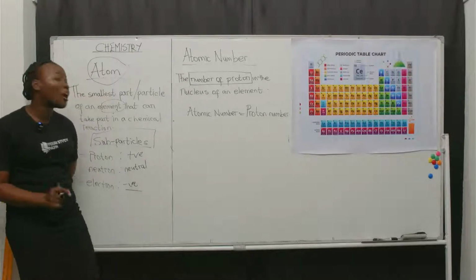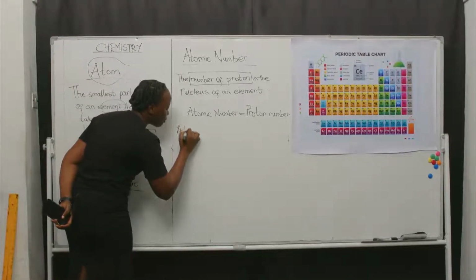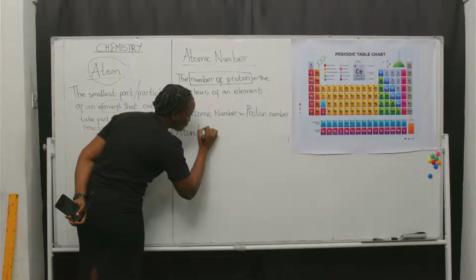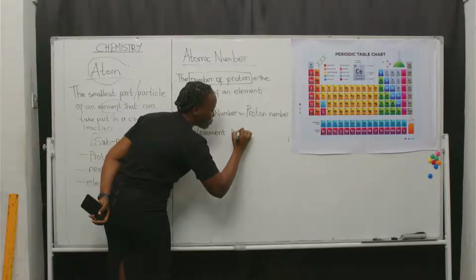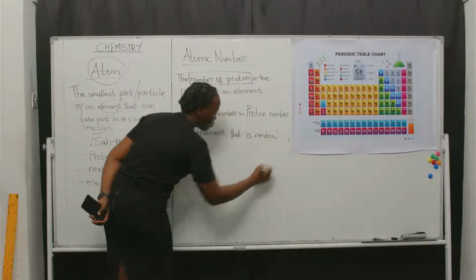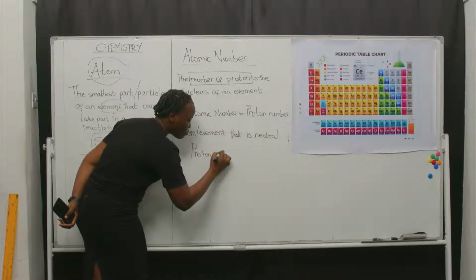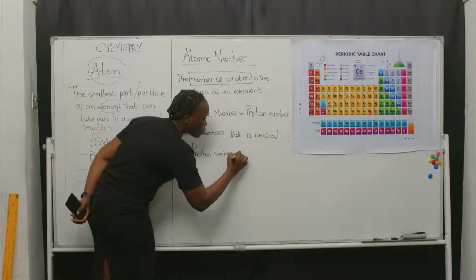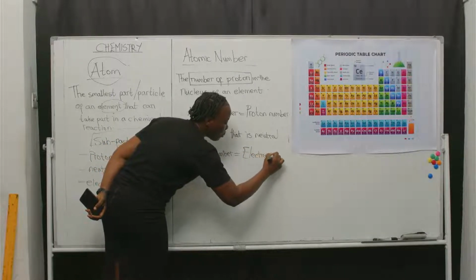For a neutral charged atom, that means an element that is neutral, proton number is equal to electron number.